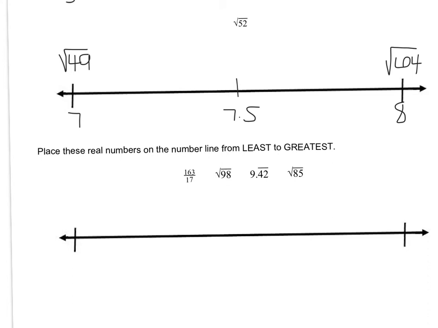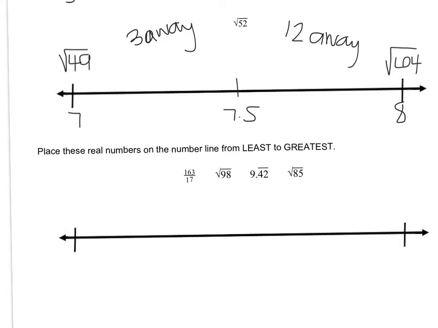Okay, same situation. We're trying to figure out the distance between 52 and 49, and 52 and 64. If you take 52 minus 49, you would get 3 away. Put in your calculator 64 minus 52, 12 away.